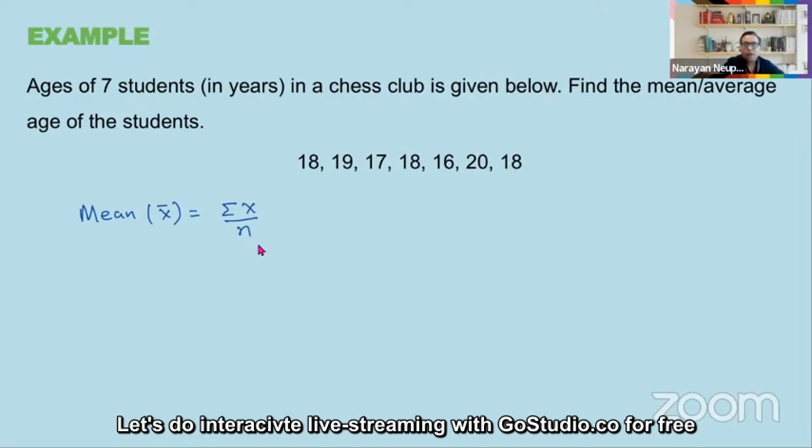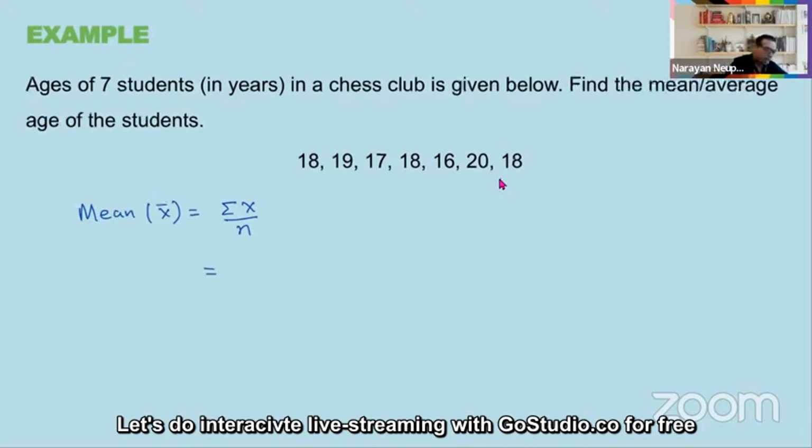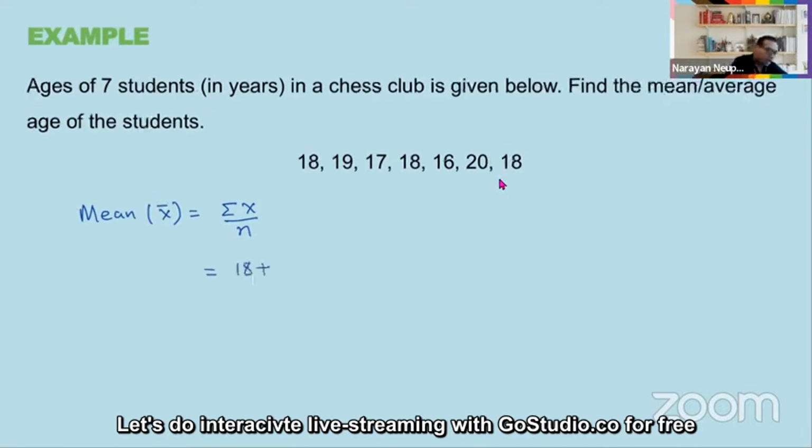Now you have to find the sum of all these numbers. That is 18 plus 19 plus 17 plus 18 plus 16 plus 20 plus 18. Then we divide by the total number of observations.